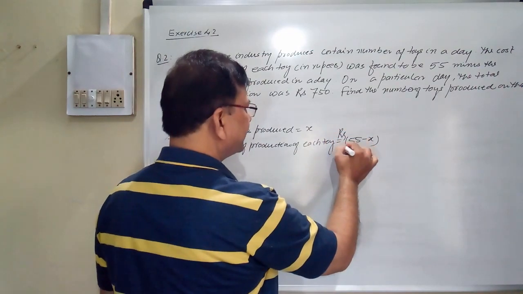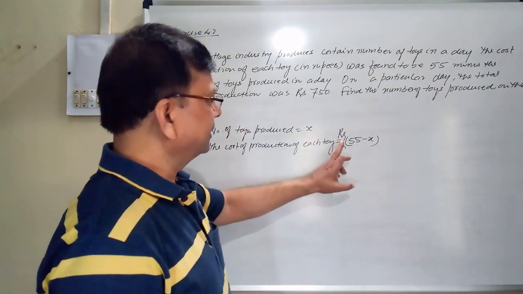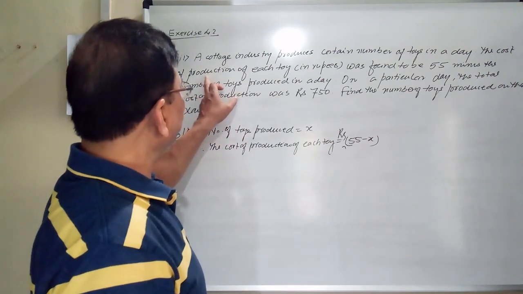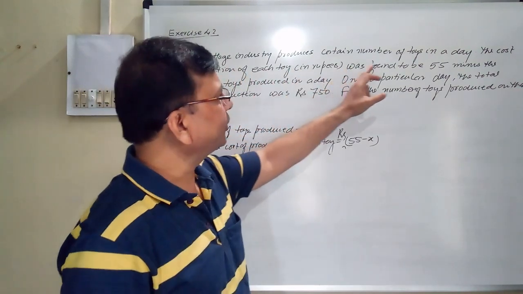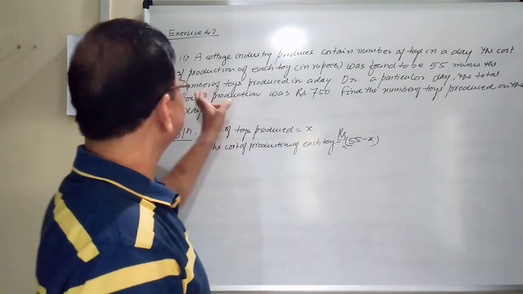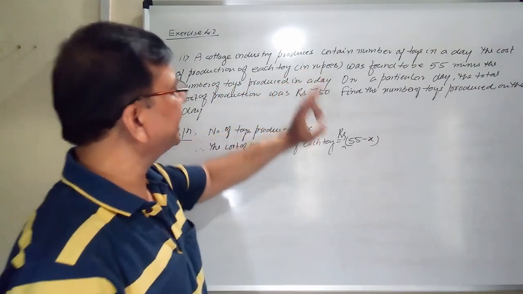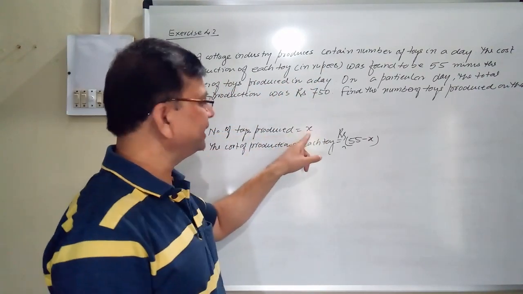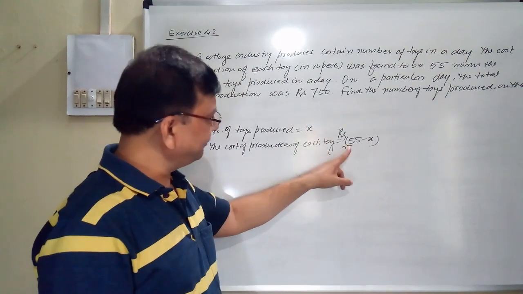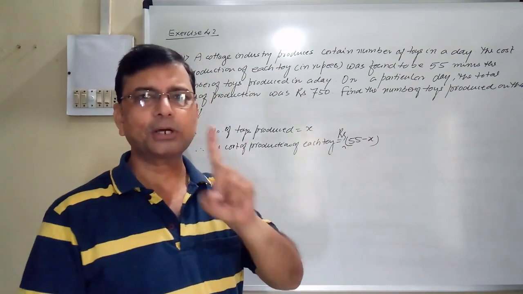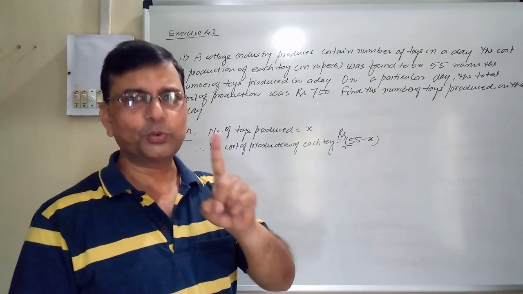The cost of production of each toy is found to be 55 minus the number of toys produced in a day. So the number of toys produced in a day is x.